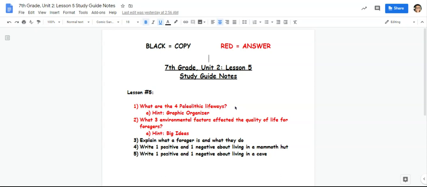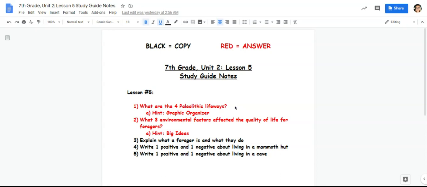Okay. 4 and 5 have to do with the last post that I put up today. There were a couple of different shelter options that our friends in the Paleolithic times had, 2 of which we focused on in a Google form, which was a cave or a mammoth hut.